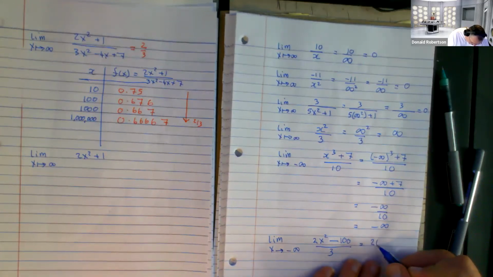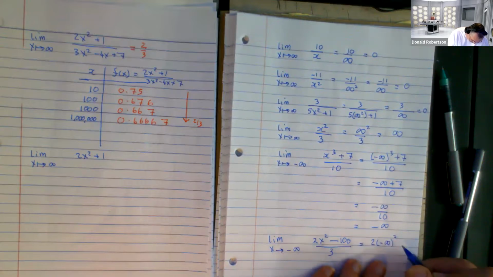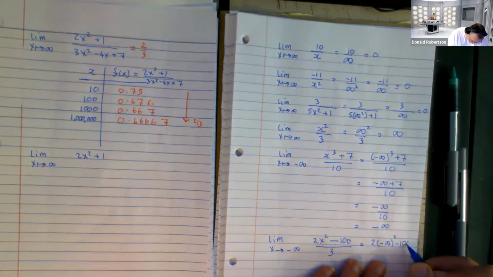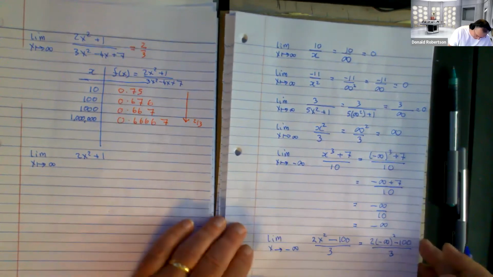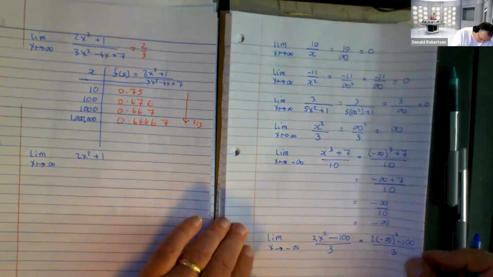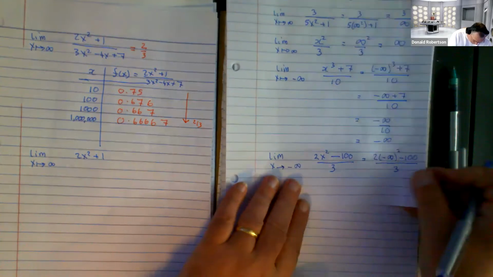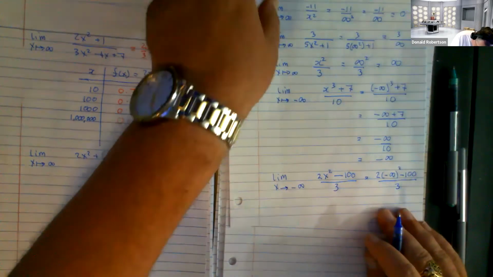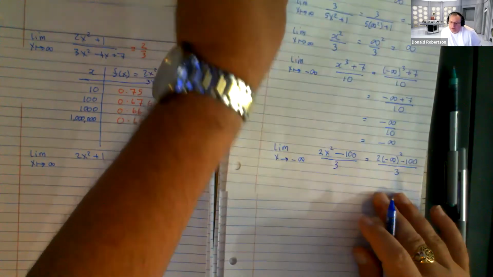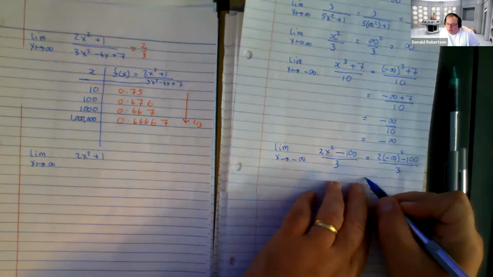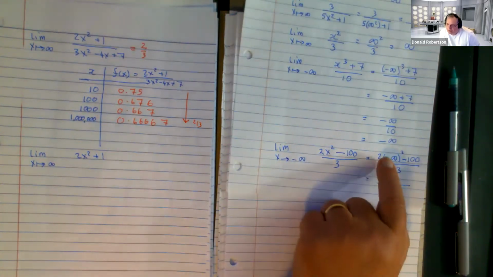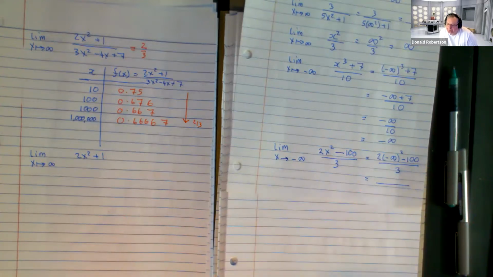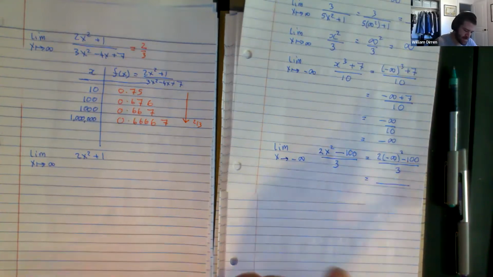It's going to be 2 lots of negative infinity squared, take away 100, all over 3. Better to do things slowly till you get good at these. What happens to negative infinity if you square it? What do you get? Positive infinity, right?